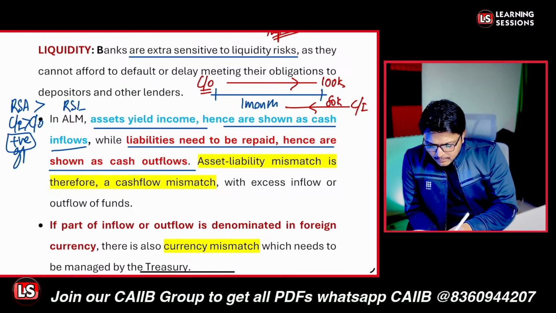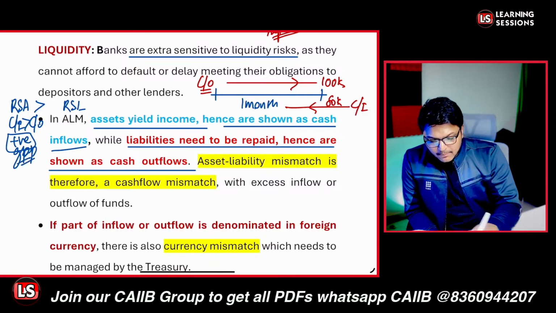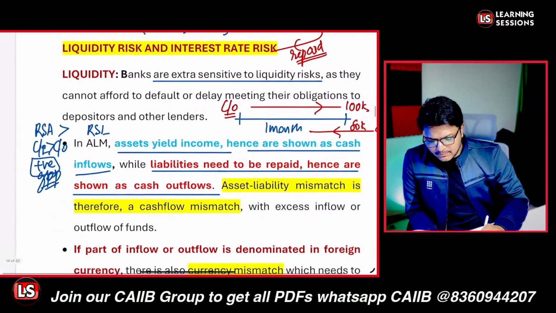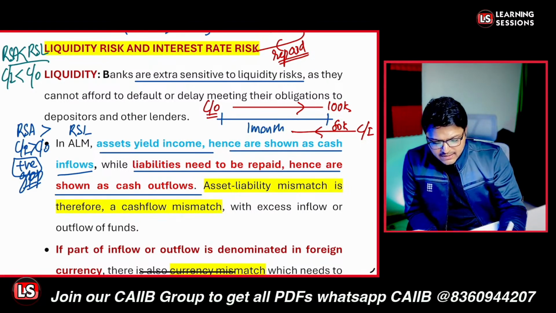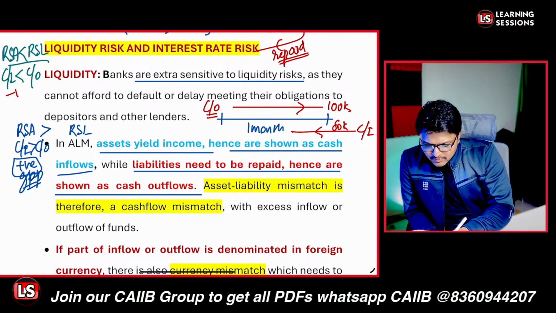But the opposite case is, if the risk sensitive assets are lesser than the risk sensitive liabilities, that is the cash inflow is lesser than the cash outflow, in that scenario what kind of gap will it be? It will be the negative gap.